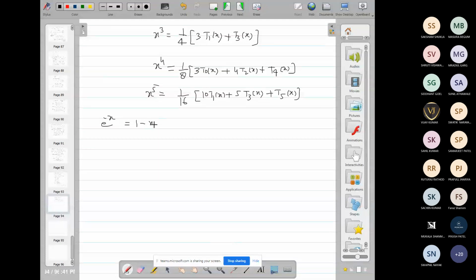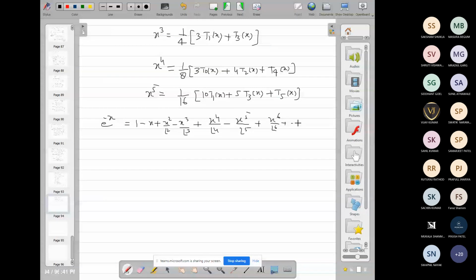That is, 1 minus x plus x square upon factorial 2 minus x cube by factorial 3 plus x^4 upon factorial 4 minus x^5 upon factorial 5 and then plus x^6 upon factorial 6.